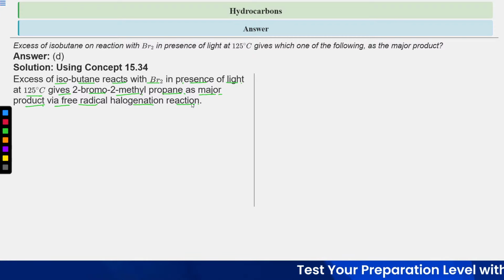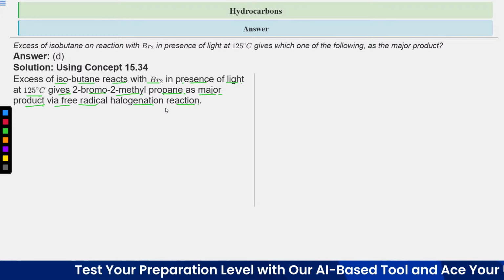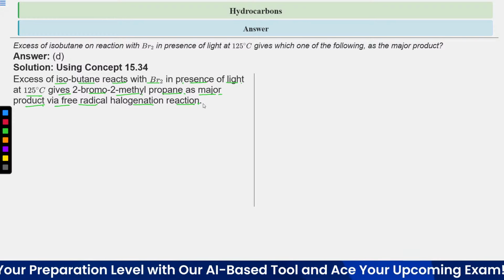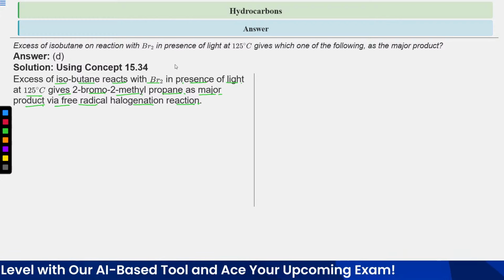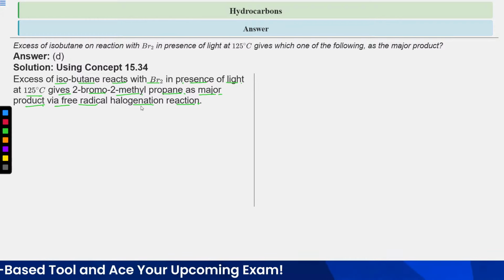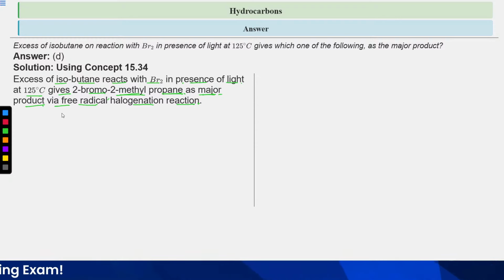So, as asked in the question, when excess of isobutane reacts with bromine, we get the product 2-bromo 2-methyl propane, and this reaction happens by free radical halogenation.